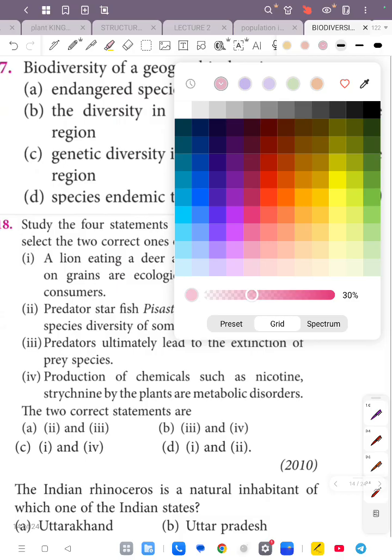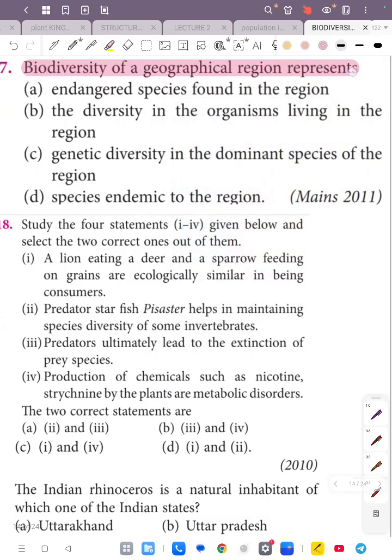Alright. Biodiversity of a geographical region represents. Now, this was asked in mains 2011. AIPMT, so we had mains and pre. Okay, so biodiversity of a geographical region represents what? A. Endangered species found in the region. B. The diversity in the organisms living in that region.